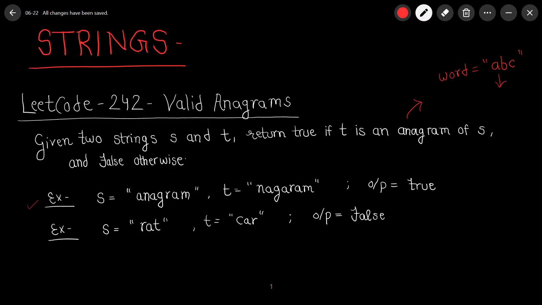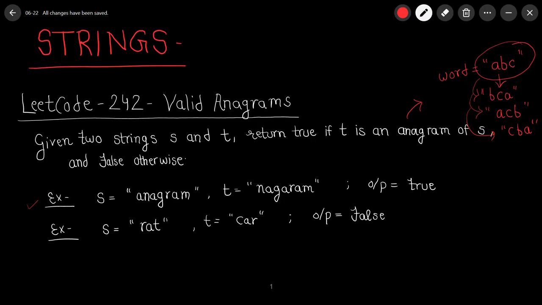In whatever possible ways we can arrange that, it can be BCA or ACB or CBA in fact. So these all are anagrams. From one word we just rearrange the letters of it and we get anagrams. So this is our question.